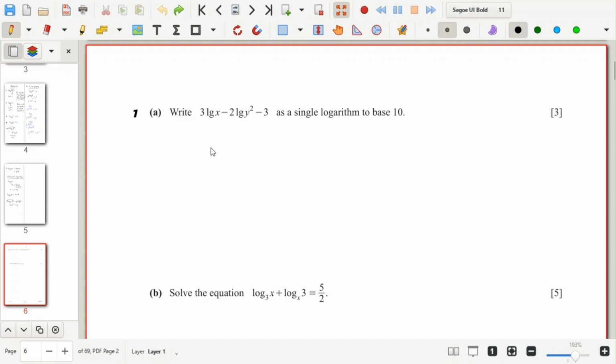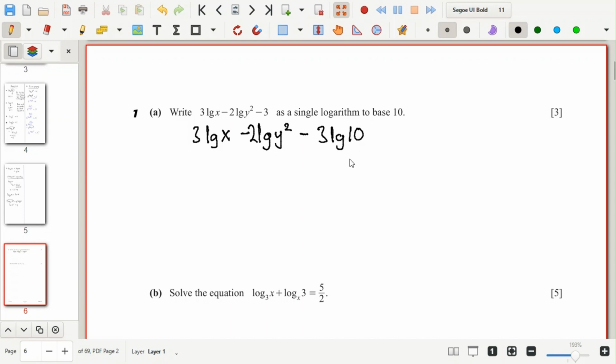Now let's look at this. Remember that in the previous video, I told you that when you see LG, it stands for logarithm to the base 10. So this one means logarithm to the base 10. This could be written as, let's take it step by step. First of all, I want to touch the 3. 3 can be written as this.